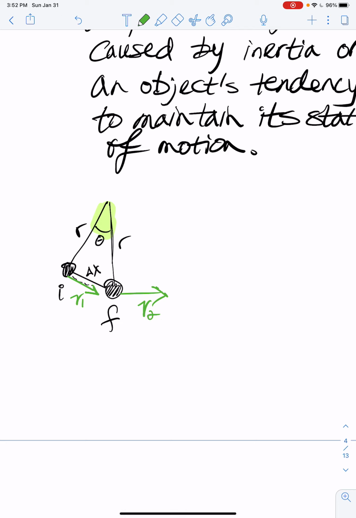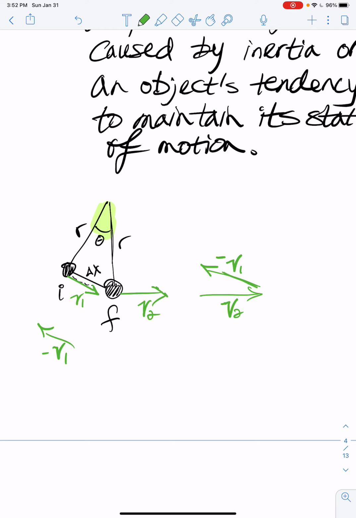Negative V1 would point like that, and V2 plus negative V1 would look like this. All right, something like that.